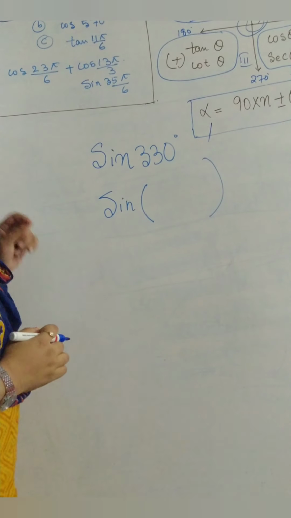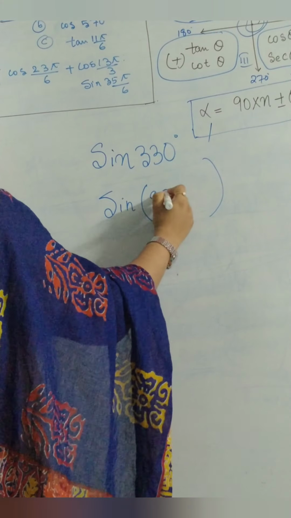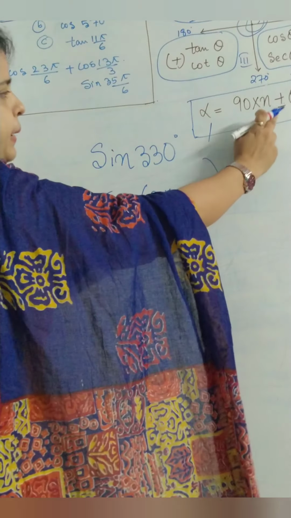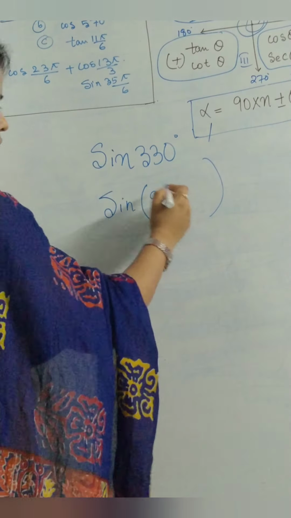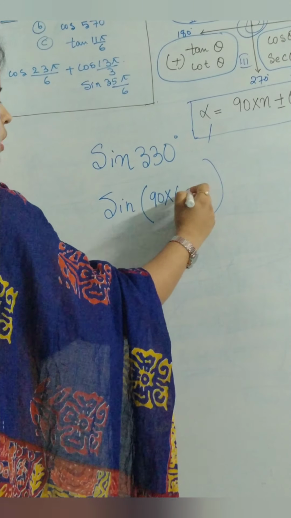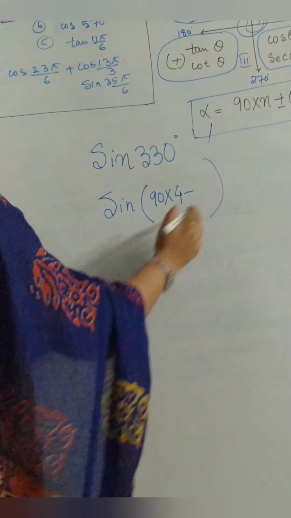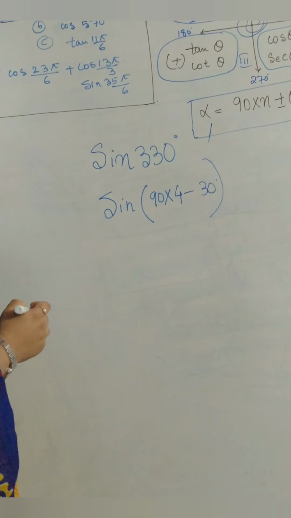You will first write this 330 as a multiple of 90 plus or minus any theta. For example, one child can write 90 into 4, that is 360, minus 30 degree. Correct?